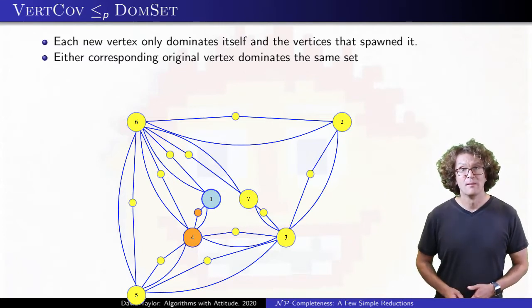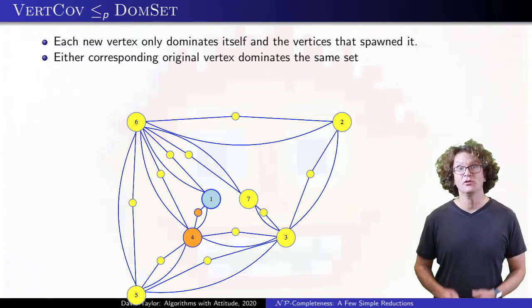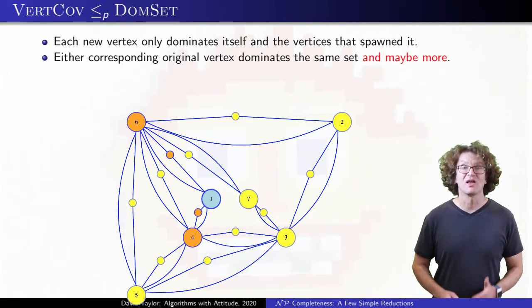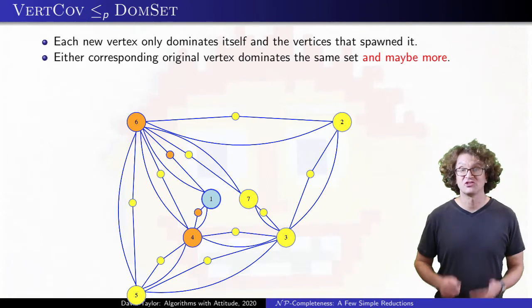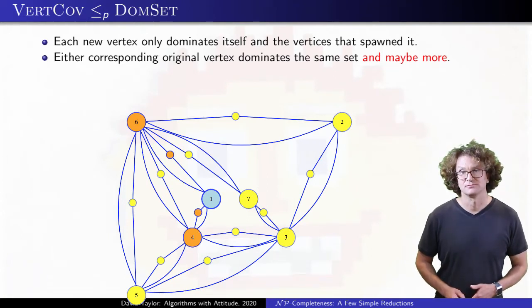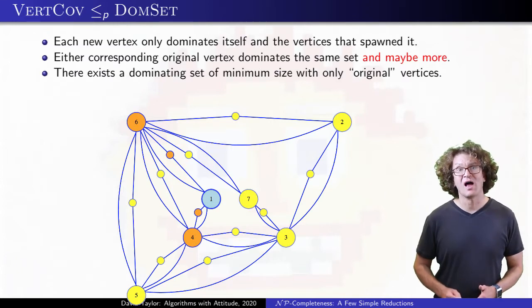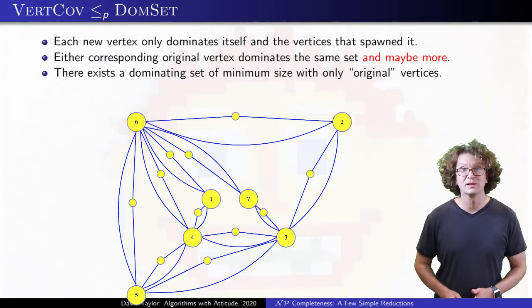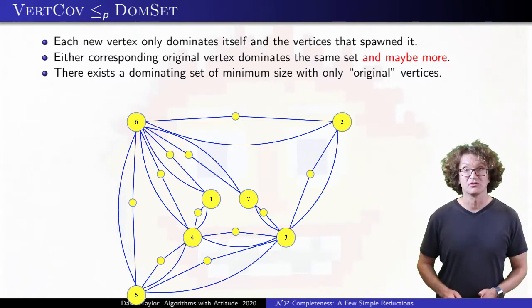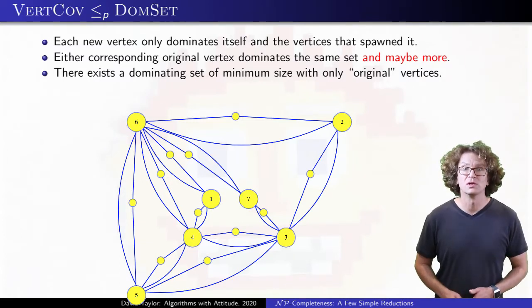But 1 and 4 might also be adjacent to other stuff. So each might dominate more. Each dominates a superset of the stuff dominated by the new vertex. Because of that, we can be sure that there's a minimum sized dominating set that only contains original vertices, because we can always replace a new vertex with one of the originals.